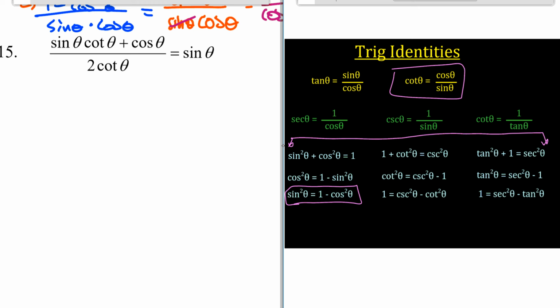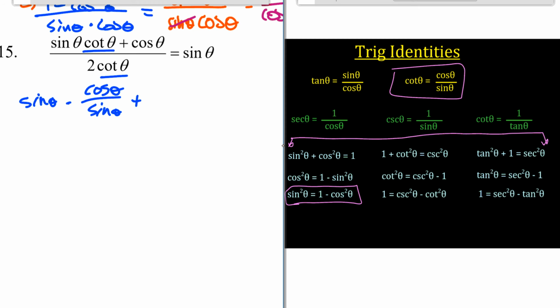So I'm going to change the cotangents into sines and cosines. Sine theta, cotangent is cosine theta over sine theta, and then plus cosine theta. All of this stuff over 2 times cosine theta over sine theta, because cotangent is that.